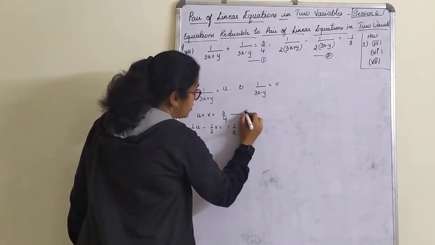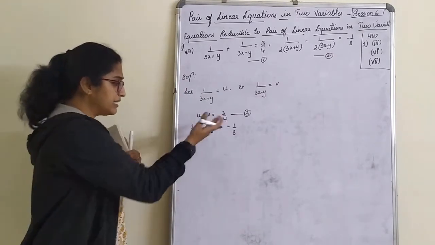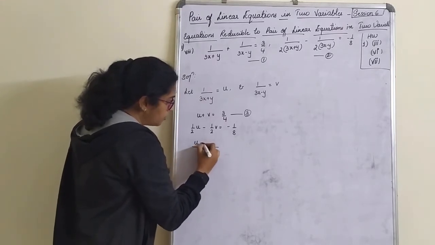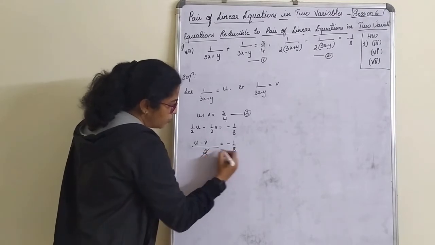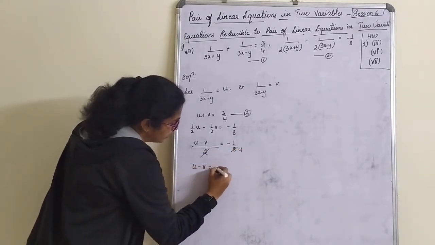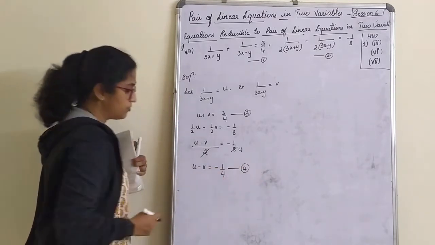This is equation 3. Since we have 2 in the denominator, we can just take the LCM, make it very simple. u minus v is equal to minus 1 by 8, 2 ones are, 2 fours are. So u minus v is equal to minus 1 by 4 is my next equation.